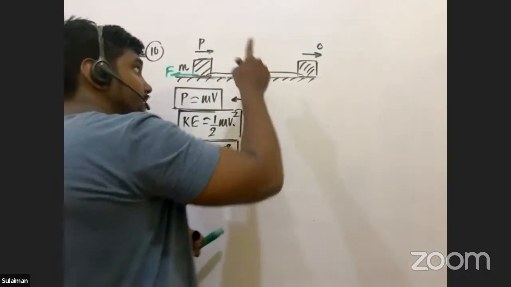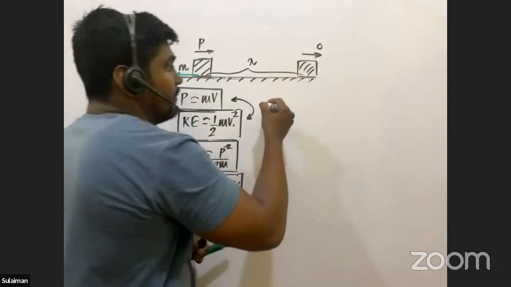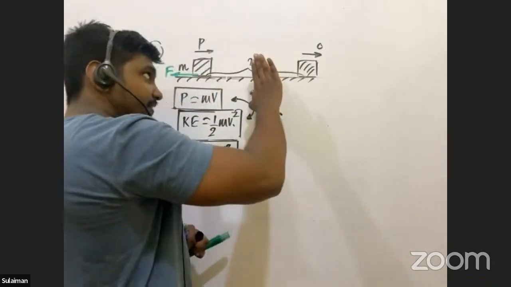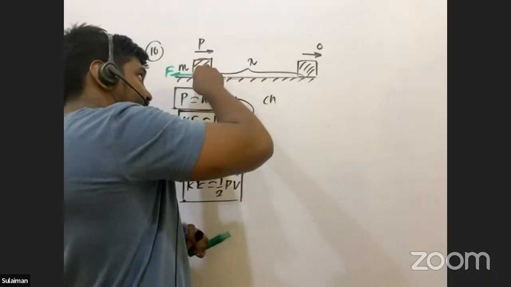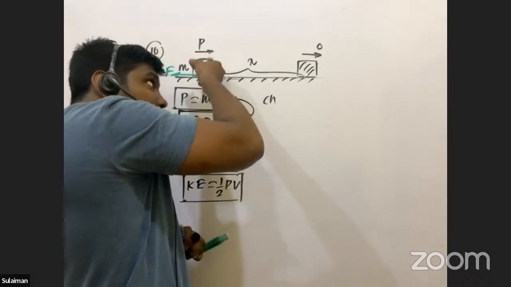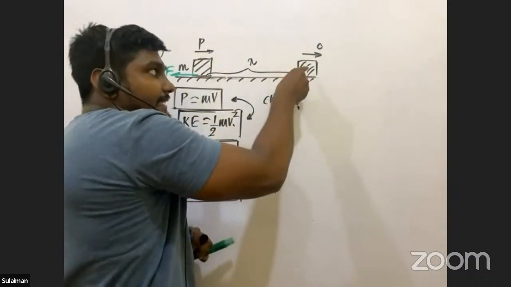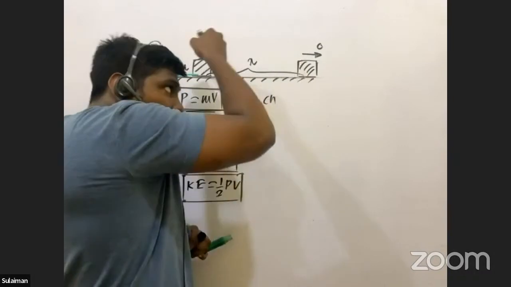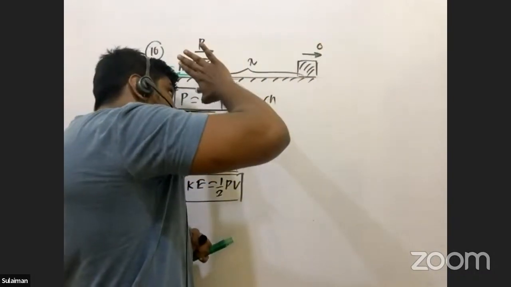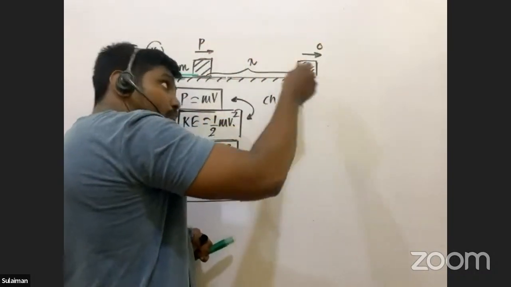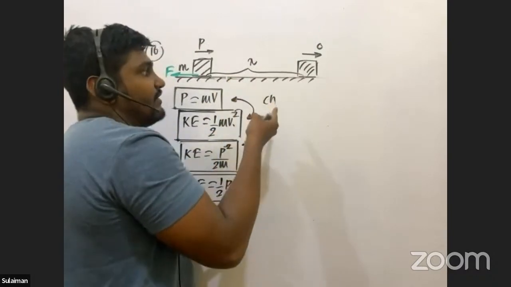And then we can say, if you apply conservation of energy, initially this object had some kinetic energy. Finally, its kinetic energy is 0. That entire kinetic energy is converted to work done against friction.